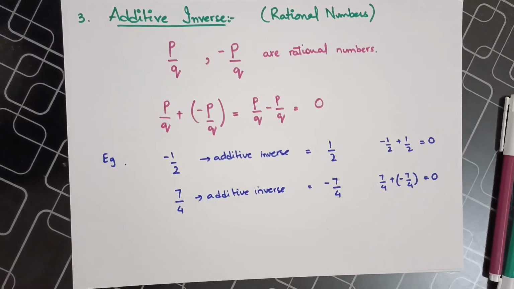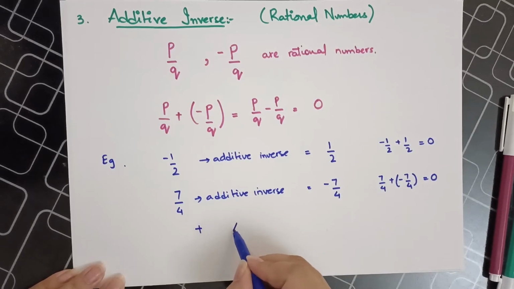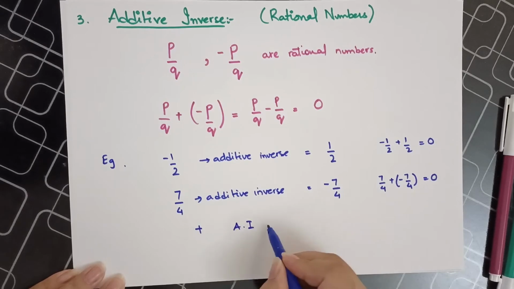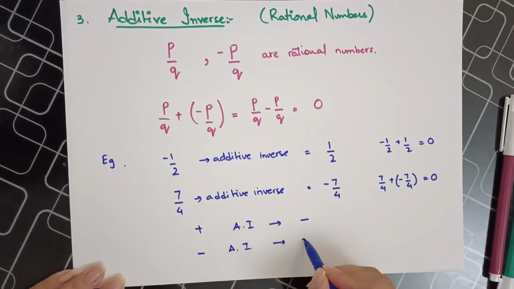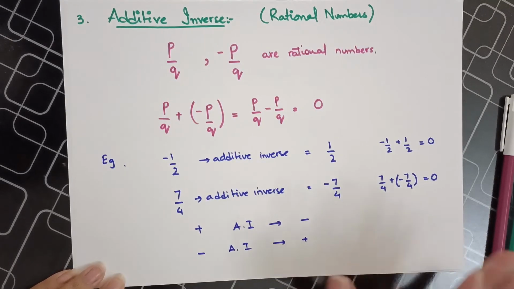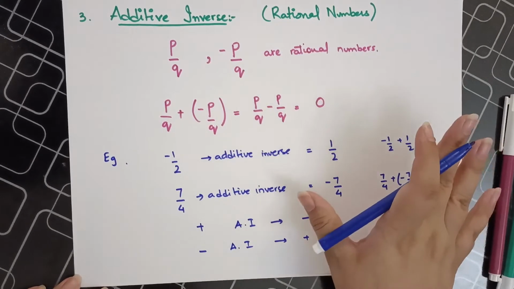I'm going to write it down for your ease. If it's positive, its additive inverse will be negative. And if it's negative, its additive inverse will be positive, right? The digits will remain the same.